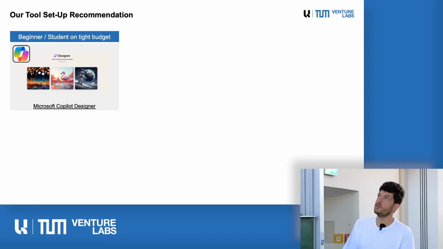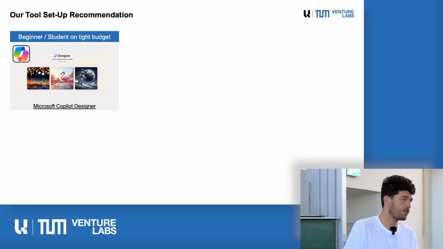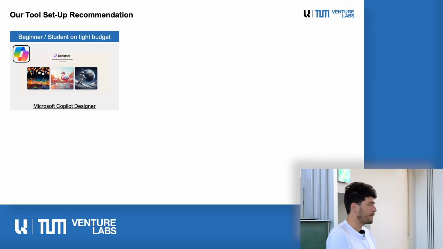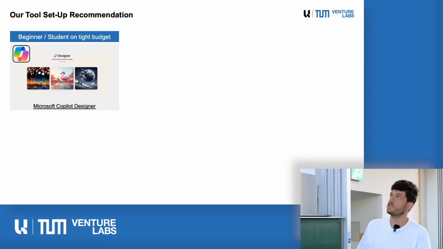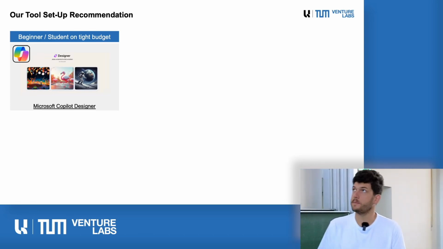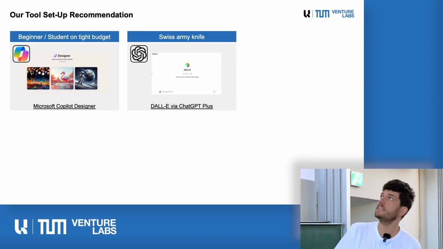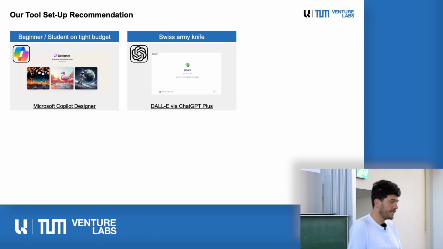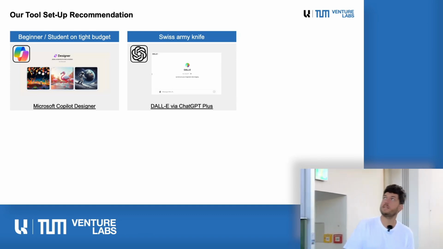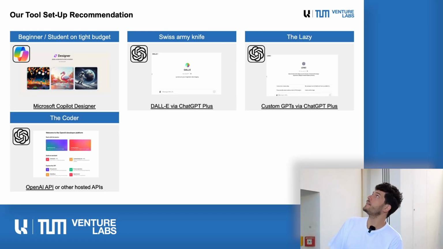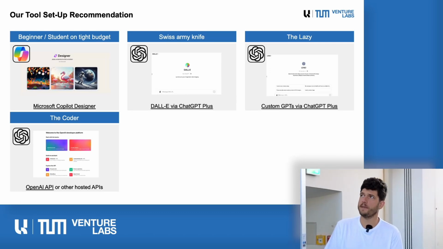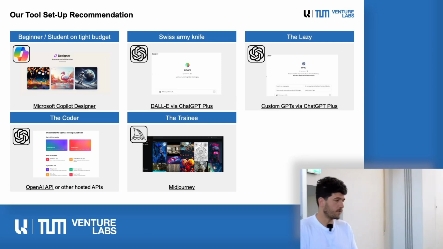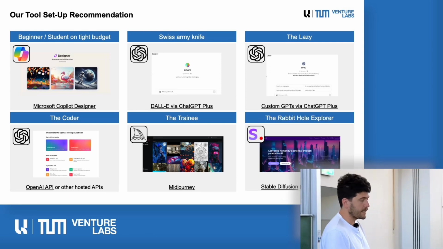So you hopefully have a tool of your choosing open. If you're a beginner, it could be the Microsoft Designer, which is available at Bing/Create. You could have DALL-E open with a GPT Plus plan, or via the API side, or you want to use Midjourney or Stability AI.